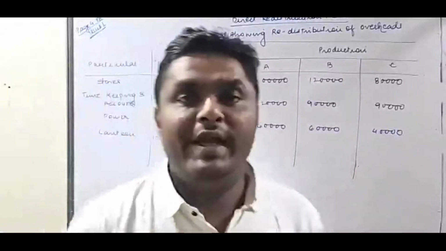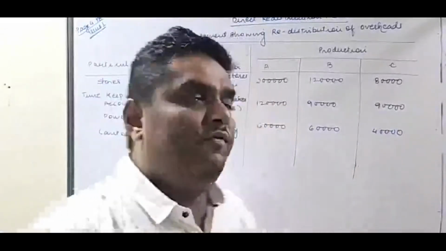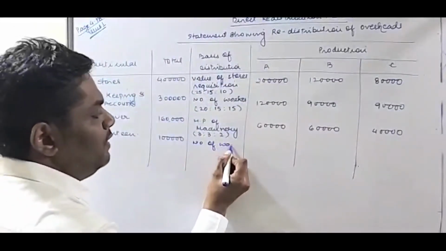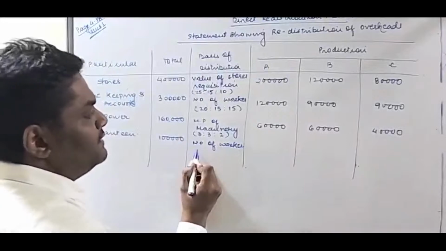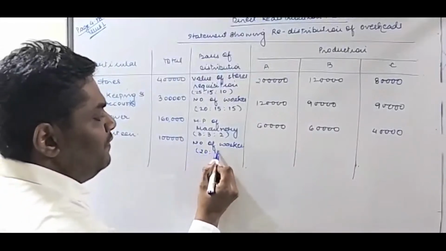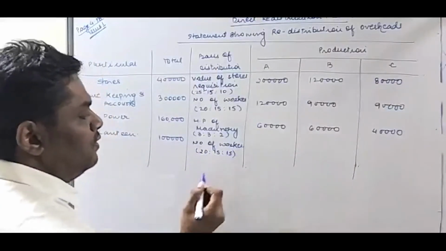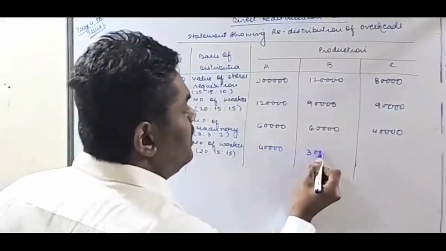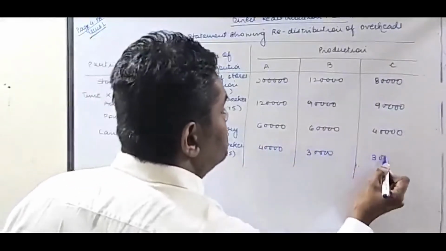And when talking about the canteen also, it is dependent upon the number of workers. So this will be distributed in the ratio of number of workers, and this is 20 is to 15 is to 15. So this will be 40,000, 30,000, and 30,000.